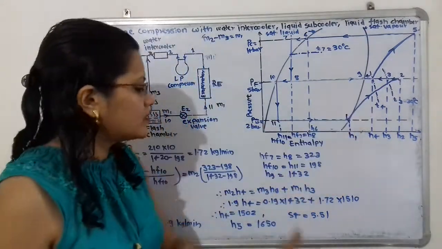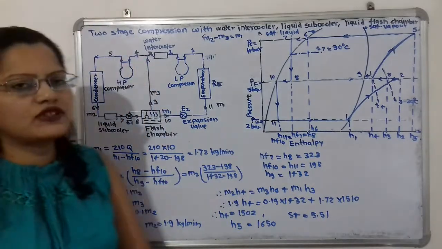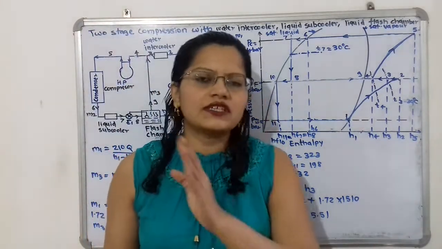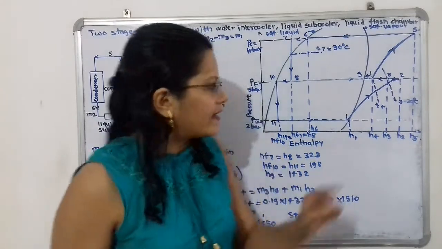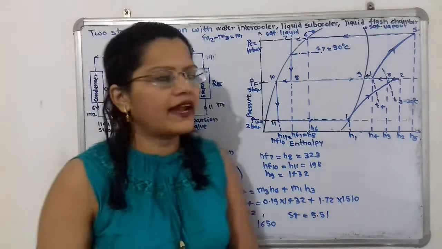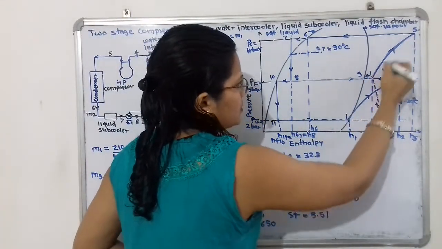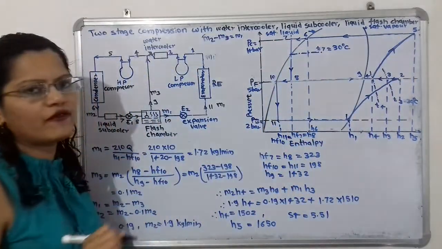Now when we locate point 4, the high pressure compression process takes place at constant entropy. So at point 4, what is the entropy S4? That is 5.51, and at the entropy of 5.51, this compression process takes place up to a pressure of 14 bar.